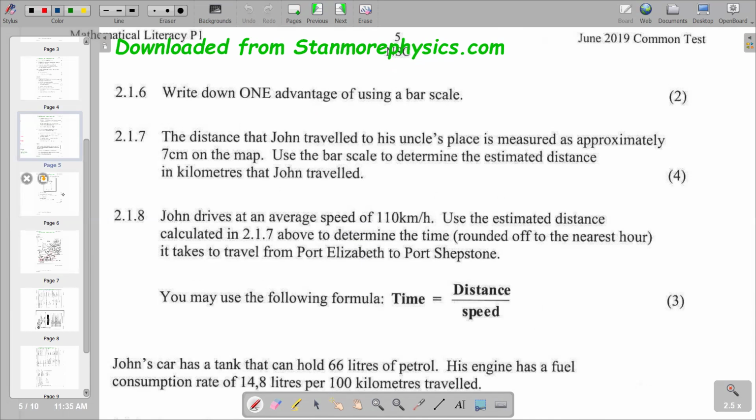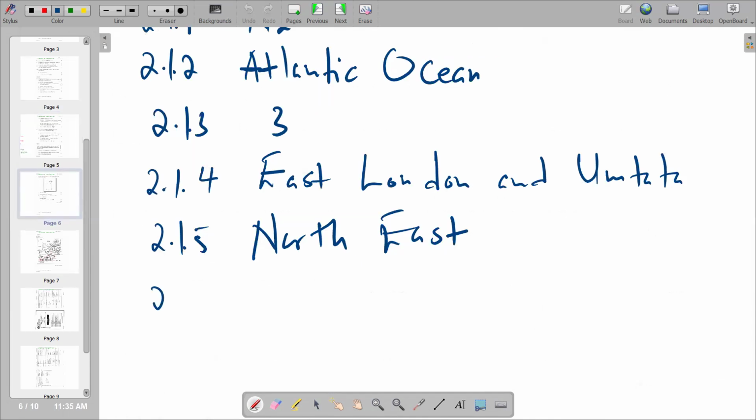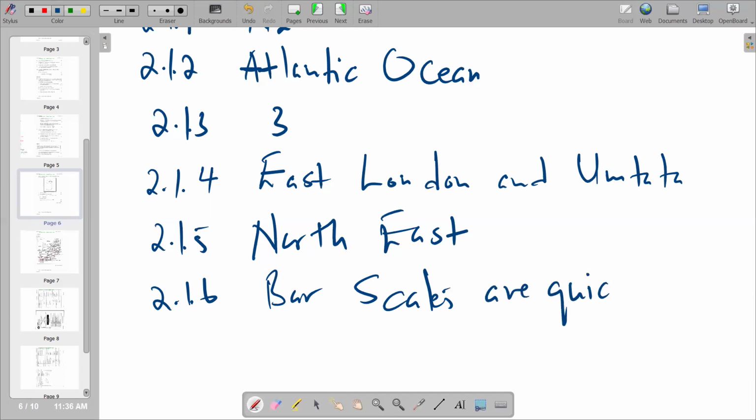So 2.1.6, bar scales are quick and easy to use. So this is what we have on this part.